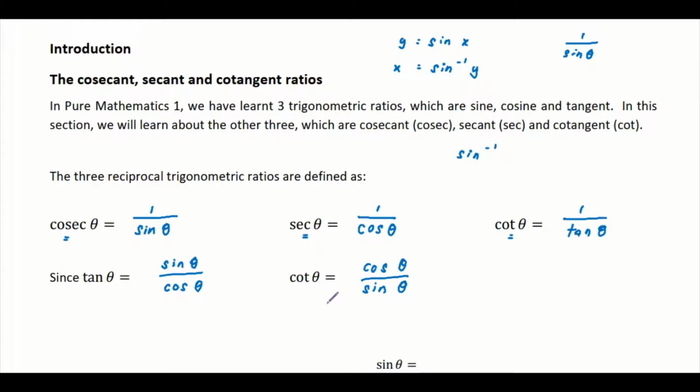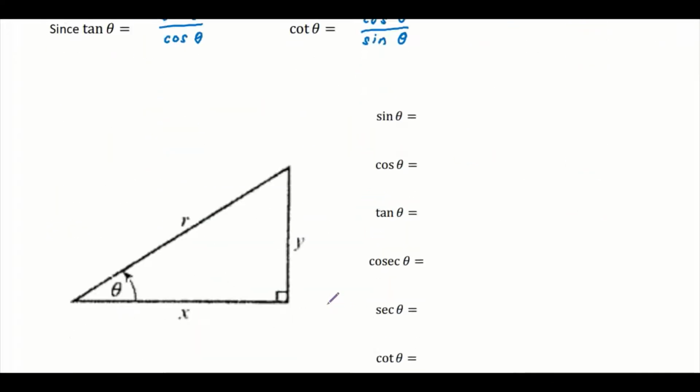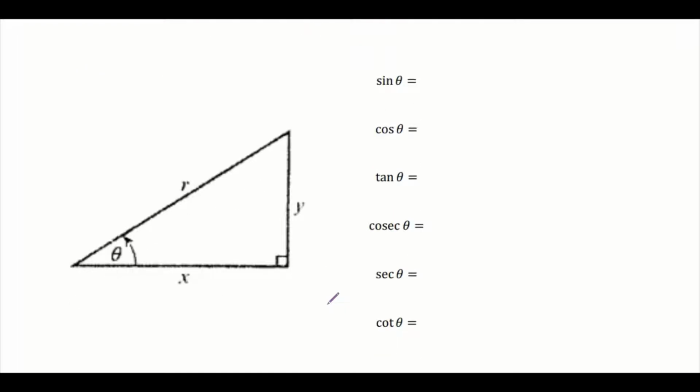Okay, so let's look at the triangle here. These are the things that we went through together when we learned trigonometry in Pure Maths 1. We put them in, and then we are going to use this to help us prove the basic identities.